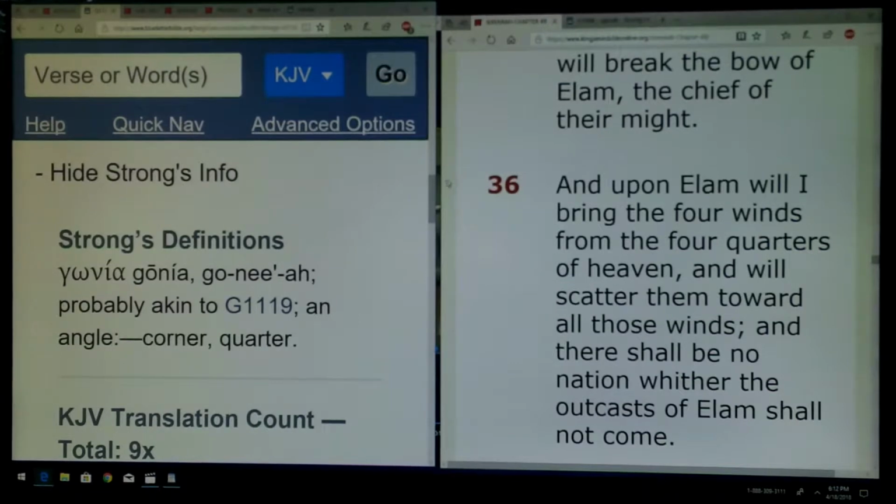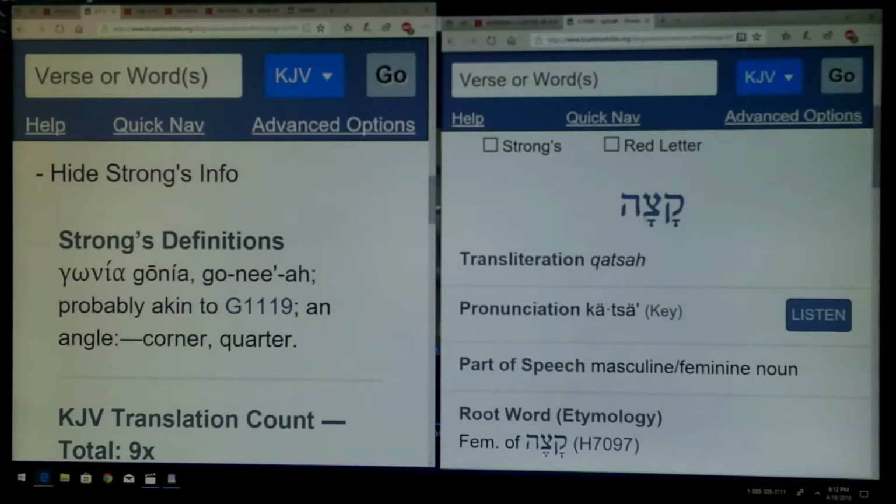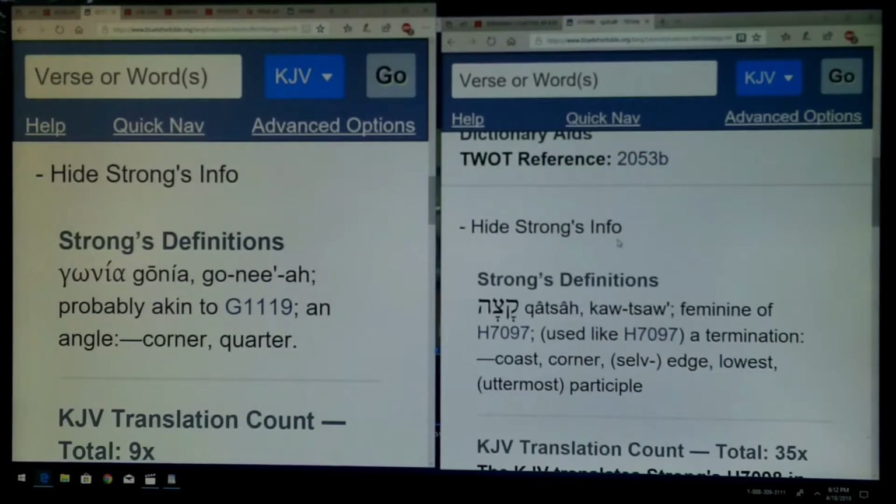That's another lie. So let's go over here to Strong's and see what it says in the Hebrew about these. Strong's H7098. Katsah. This is for quarters. So what is the quarters? Katsah. Feminine of 7097. The termination.